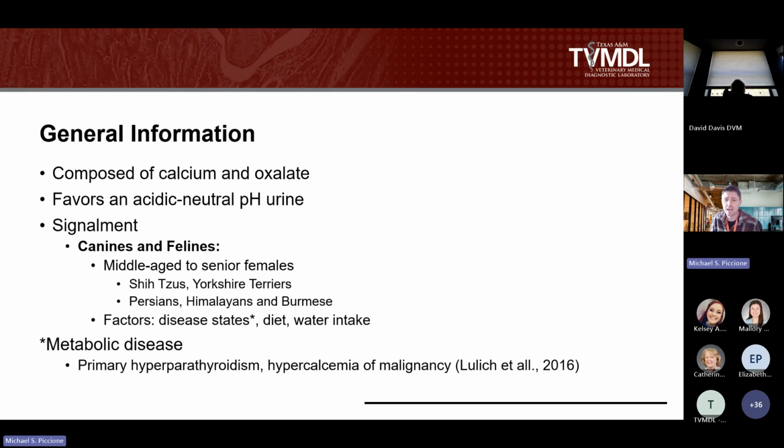Regarding patients with hypercalcemia of malignancy, some of these patients have tumors that secrete this parathyroid hormone related peptide, or PTHrP. Those act very similar to PTH, and thus you have a very similar process like the one we just spoke about, hence why those patients are predisposed and can develop the calcium oxalate uroliths.